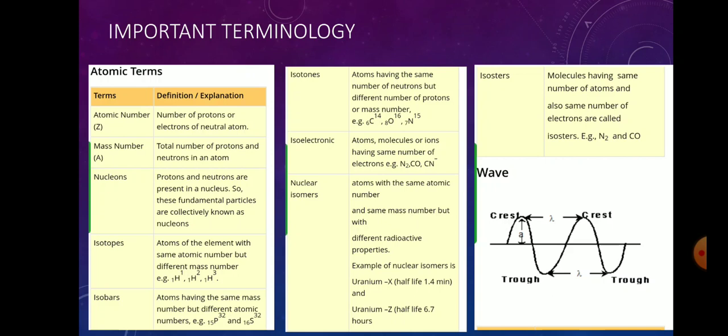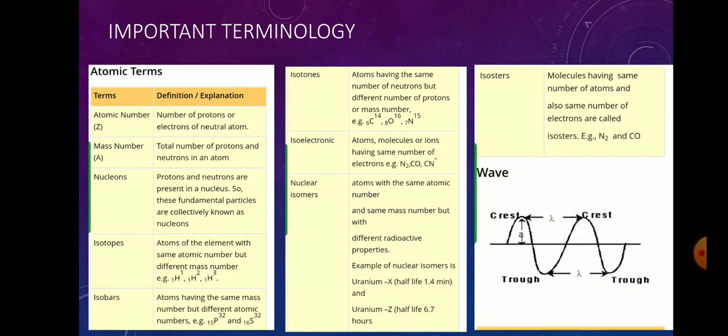Isosters, defined as molecules having same number of atoms and also same number of electrons. Example, N2 and CO.